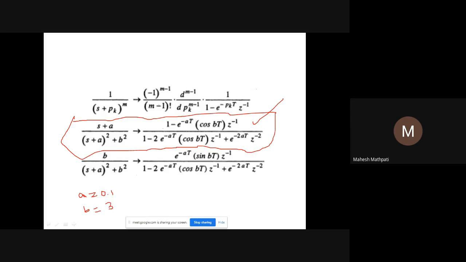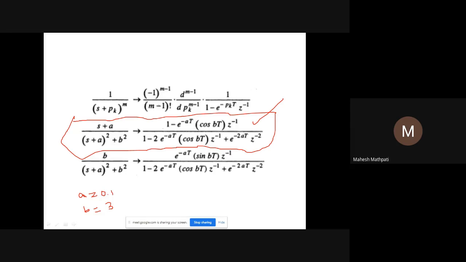Okay. Now, let's write one equation. Comparing the given equation with equation 1, we can write A is equal to 0.1 and B is equal to 3.